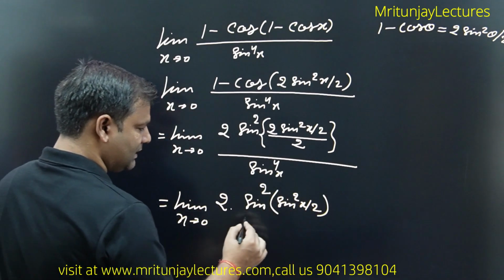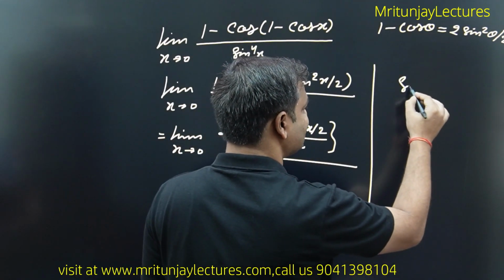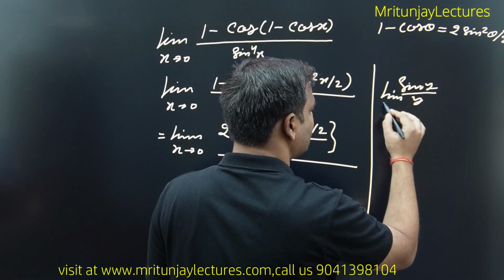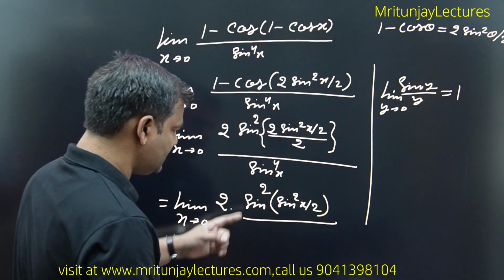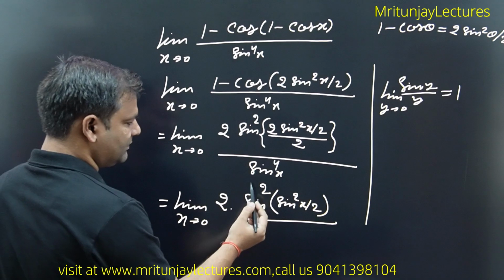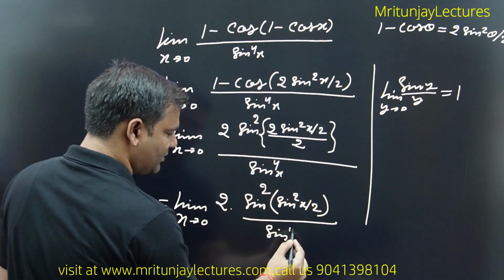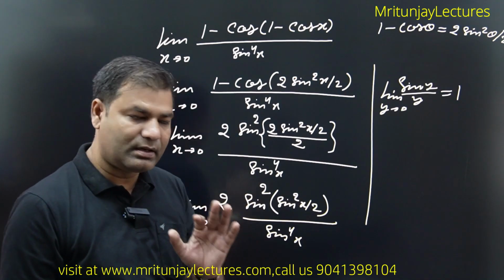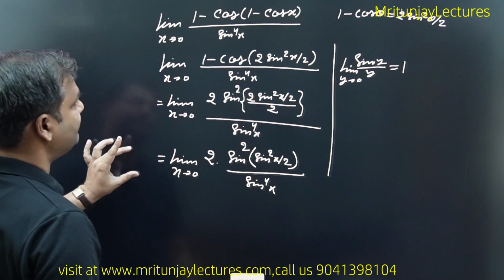Divided by, if you want to make sin y divided by y where limit y tends to 0 is 1. So first of all, the 2s cancel, and here sin to power 4 x. I hope that is clear.